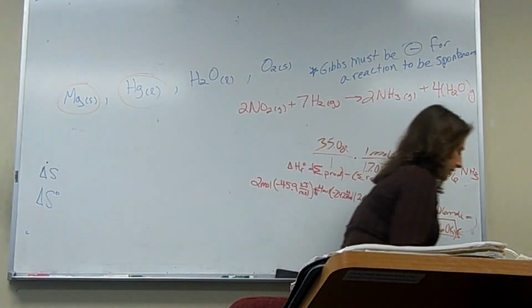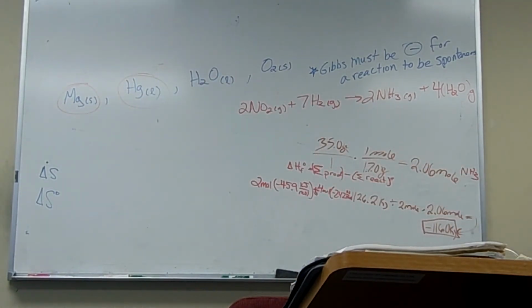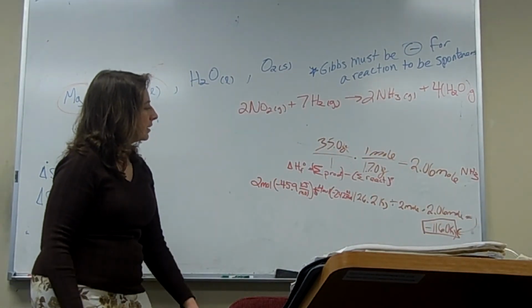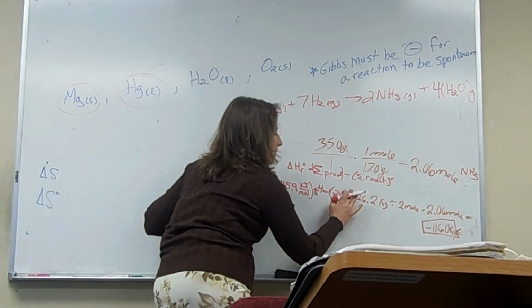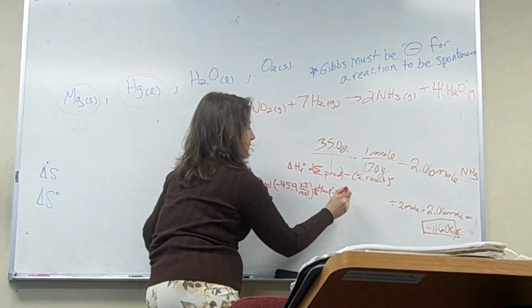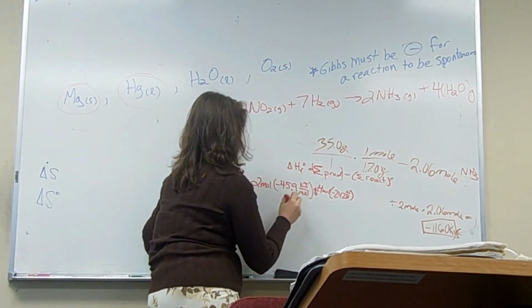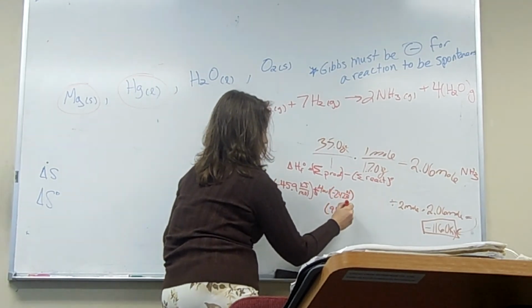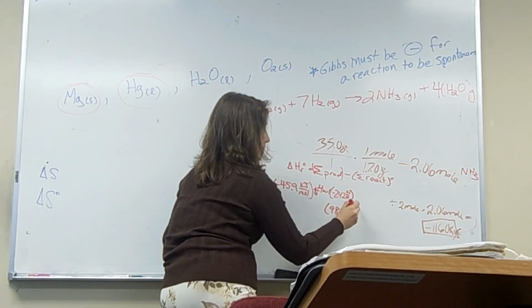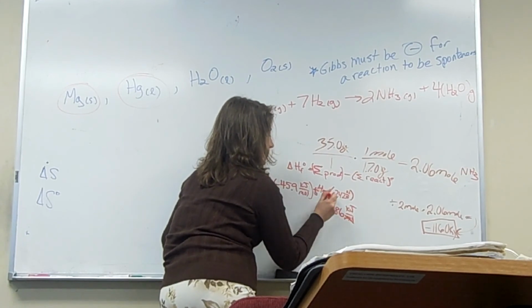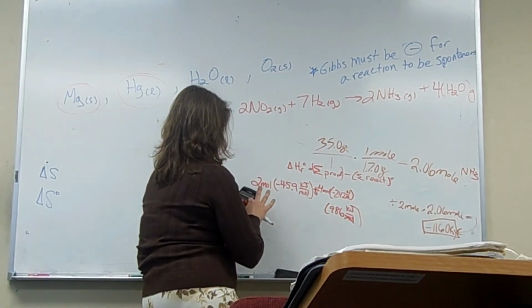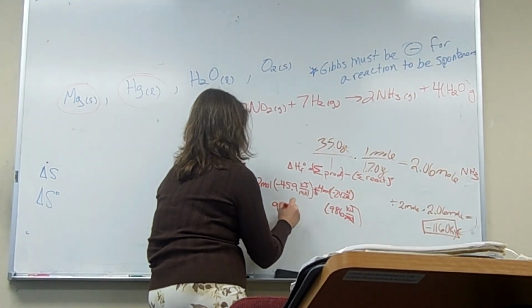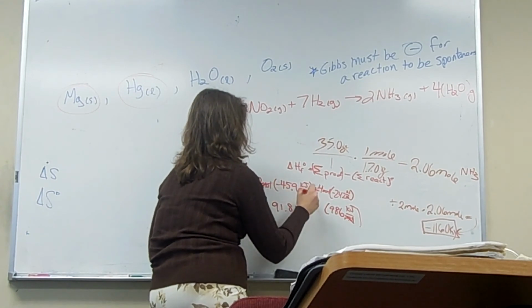So if I do 242 times 4, I would get 986. Oh wait, moles cancel because of this. So then here, 45.9 times 2. So that'd be 91.8 kilojoules because the moles cancel.